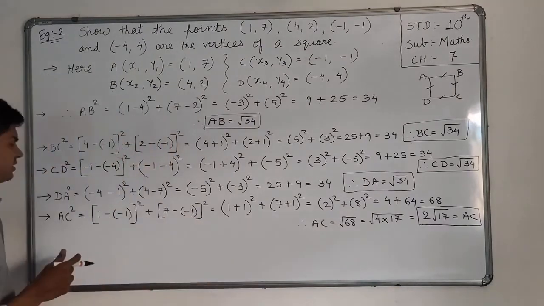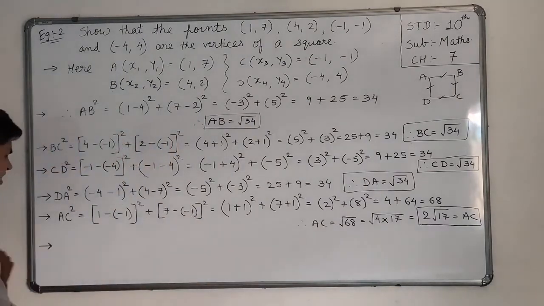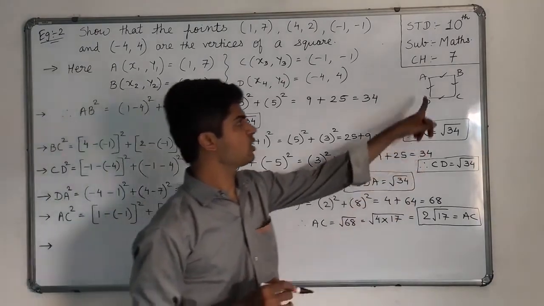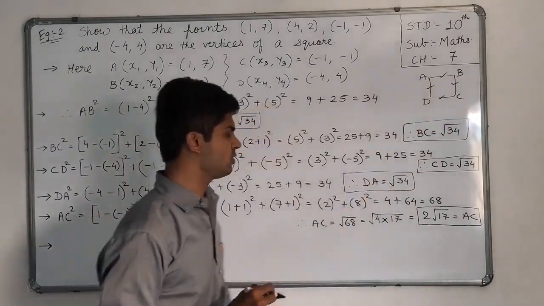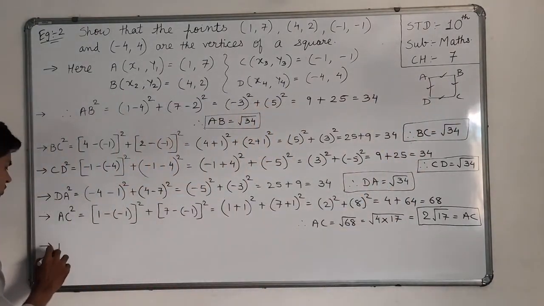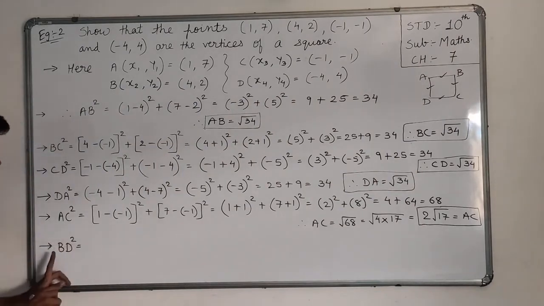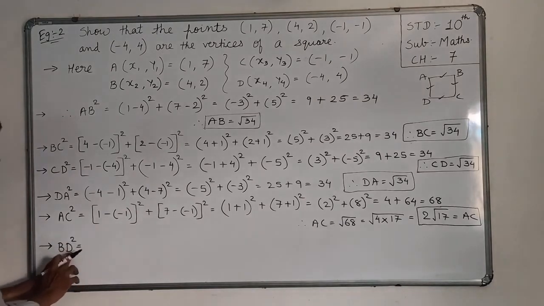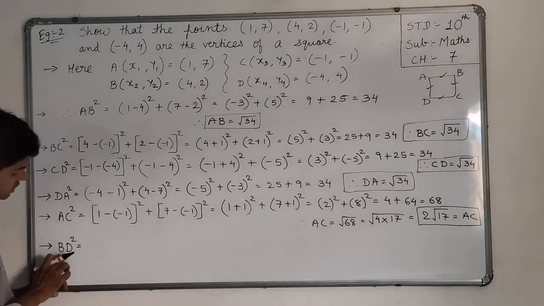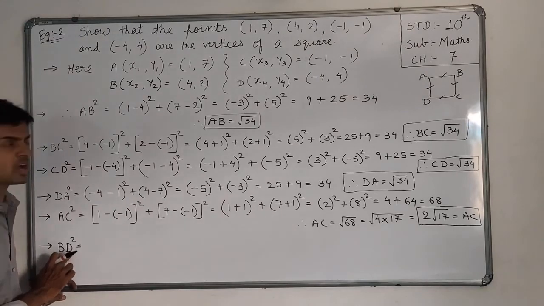So no need to worry about that. Now second diagonal. First diagonal AC, second diagonal will be BD. So we are going to find first of all BD square, then afterwards we will take out the square root. BD square, how to find? Distance formula लगाएंगे. तो हम कैसे लगाएंगे? फर्स्ट माइनस फर्स्ट, B का फर्स्ट माइनस D का फर्स्ट.